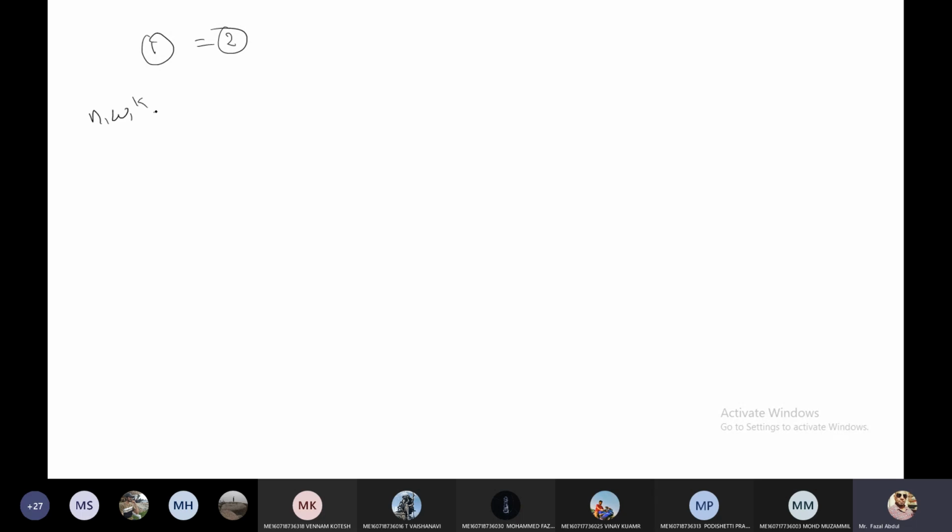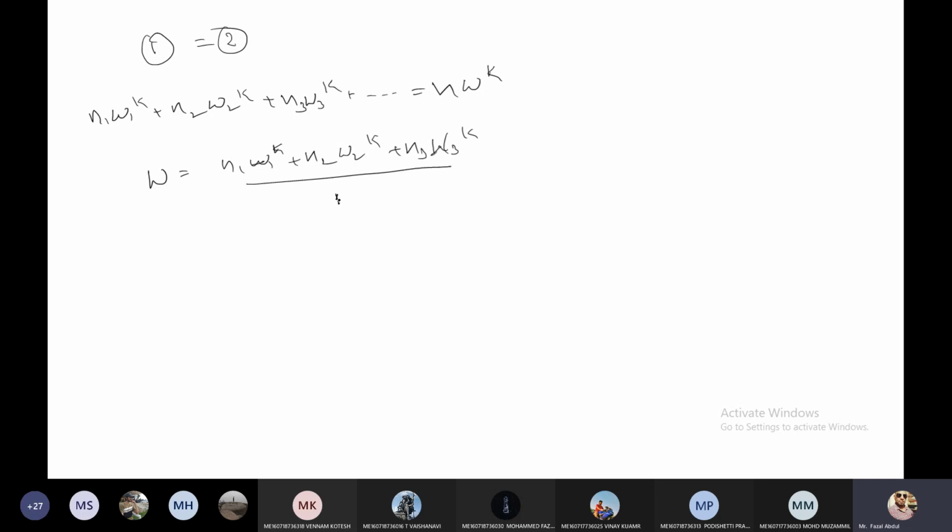N1 W1 power K plus N2 W2 power K plus N3 W3 power K plus and so on equals N into W power K. Now W equals (N1 W1 power K plus N2 W2 power K plus and so on, by N) whole power 1 by K. So this is the basic equation.